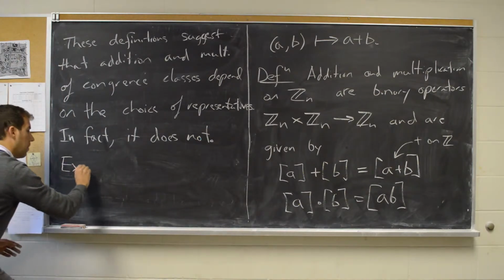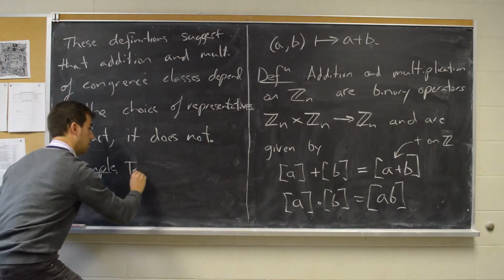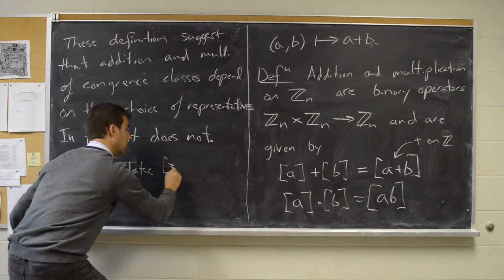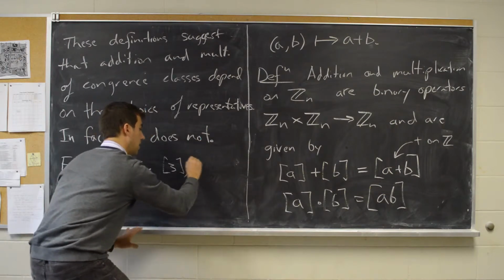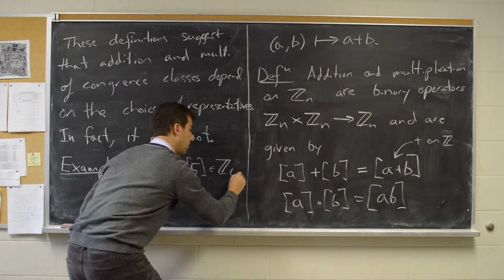So, for example, take the congruence classes of 3 and 5 inside Z6.